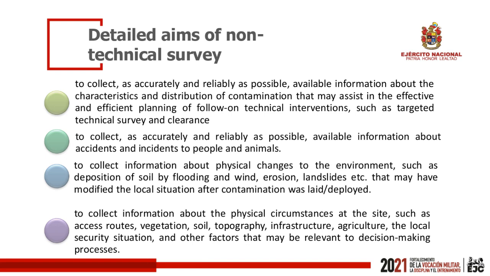Another one is to collect, as accurately and reliably as possible, the information about the accidents and incidents to people and animals. So it's necessary to identify the difference between accidents and incidents. In the development of these activities of humanitarian demining, we say that accidents and incidents are different.